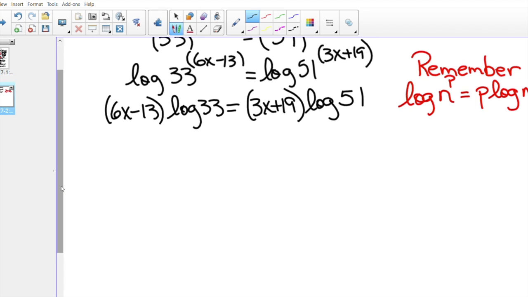Now, notice we have x's on both sides of the equal marks. We must distribute here.